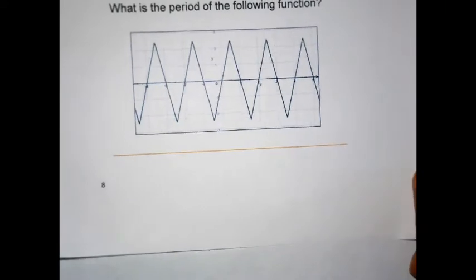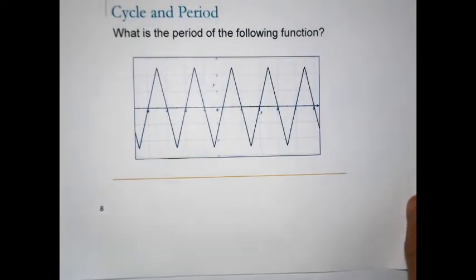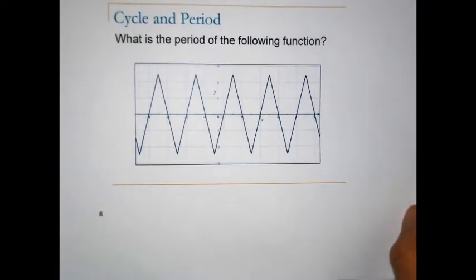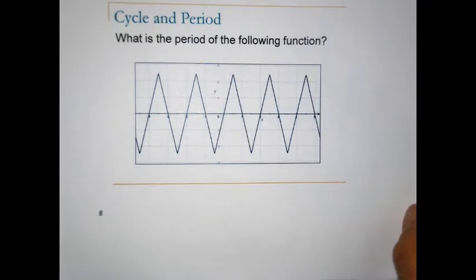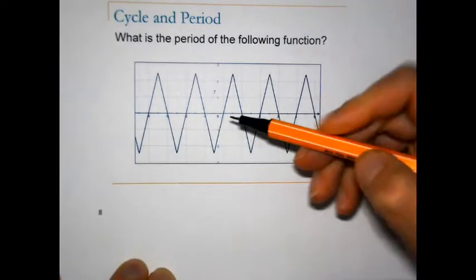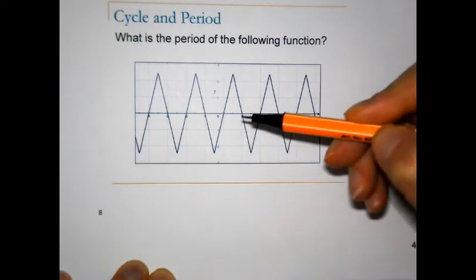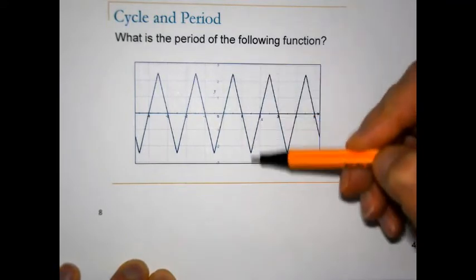So let's do an example here. For example, let's look at this one. We can still talk about period and cycle for this one. We look at the graph and we try to figure out what is the smallest repeating unit.